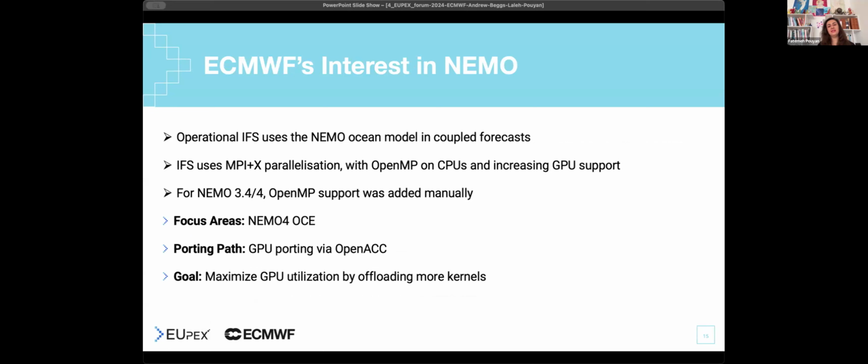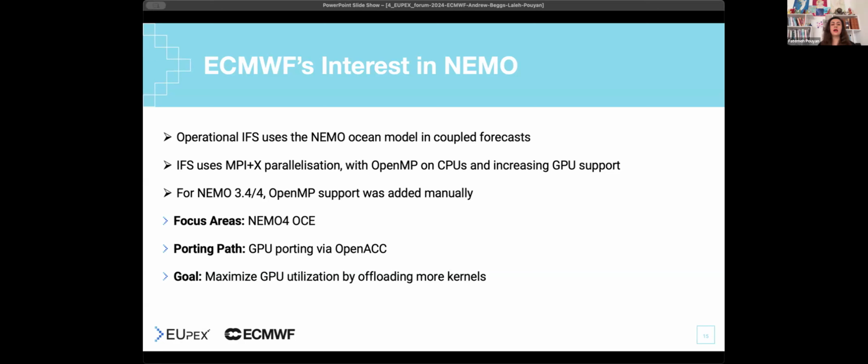NEMO is used in the operational forecast by the IFS. Currently, IFS uses a hybrid parallelization like MPI plus OpenMP with increasing support for GPU. For NEMO version 4.0.4, some OpenMP directives are already manually added, but increasing support for GPU is also essential because we need to meet the computing capabilities of modern technology as well.